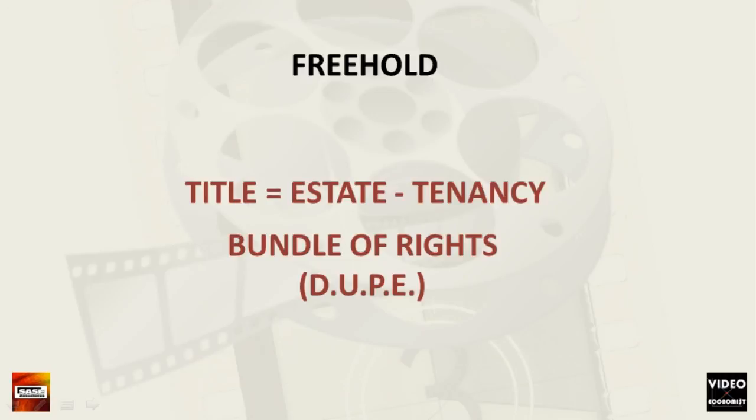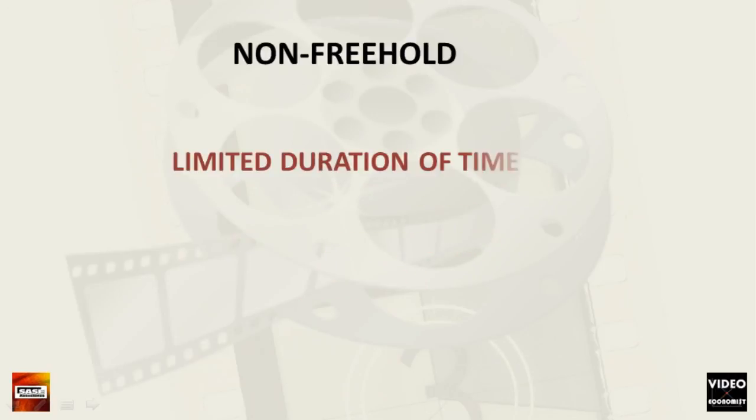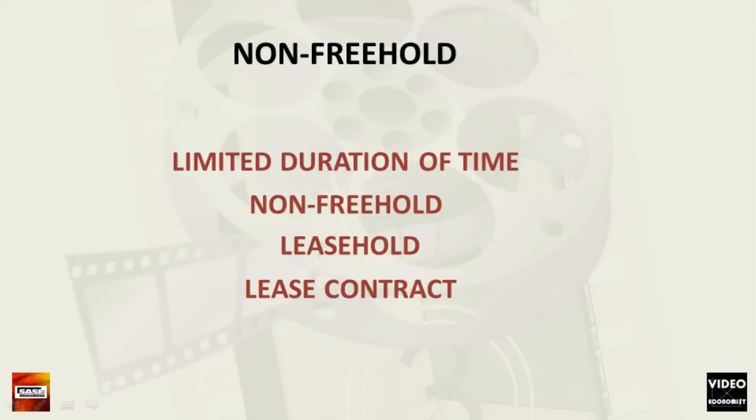Title is equal to the estate minus the tenancy. So what we have then is the bundle of rights, the right of disposition, of use, possession, and exclusion, which we abbreviate as DUPE.